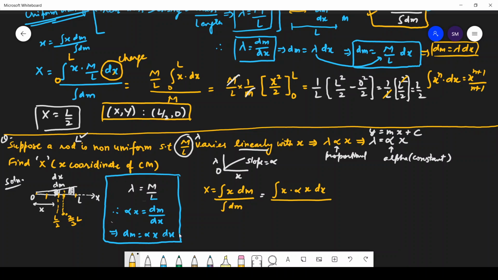Okay, so put this value of dm from this expression to here, and for this dm, here also you can put the same value, that is alpha x dx, and this comes out to be, so take the constant outside, alpha is the constant.